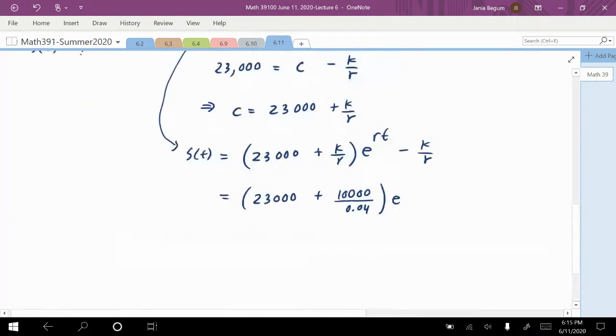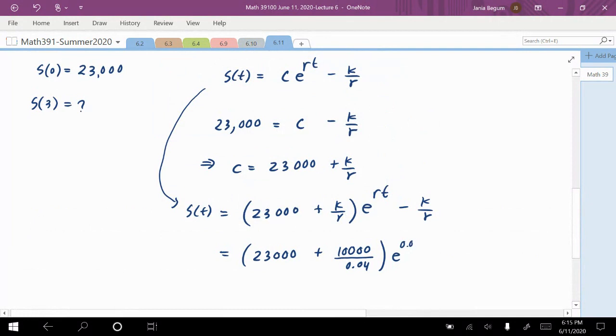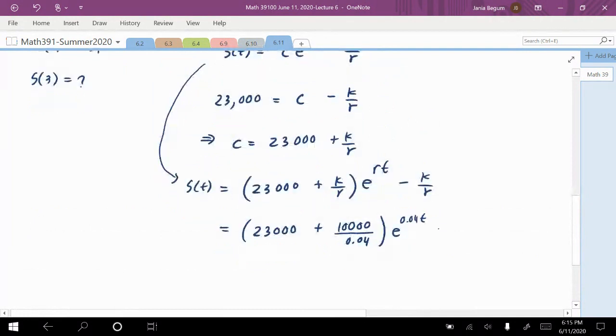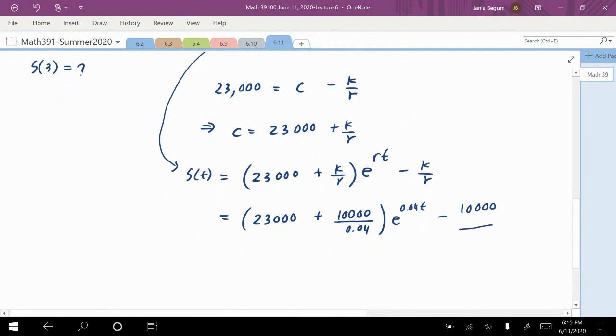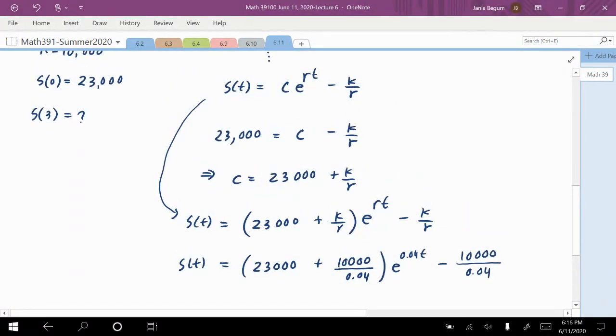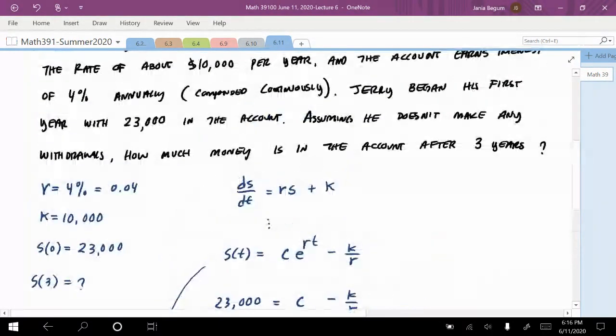So r is again 0.04 times t, minus k over r, that's 10,000 over 0.04. So that is the model that will be used for this scenario, asking us to find the amount when t is equal to 3.